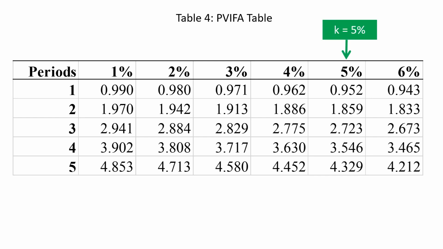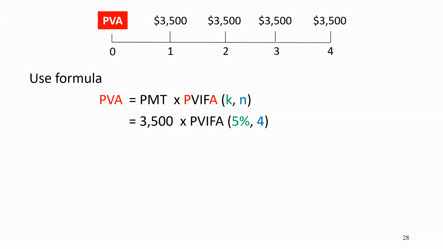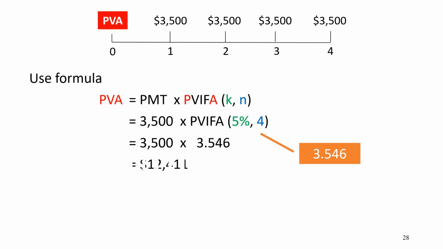We are given K and N. So the intersection is the answer. Substitute the interest factor into the working, and you will find the answer for PVA.